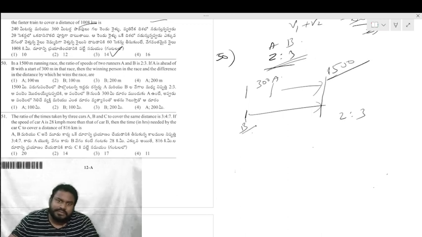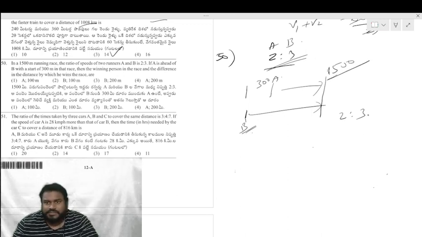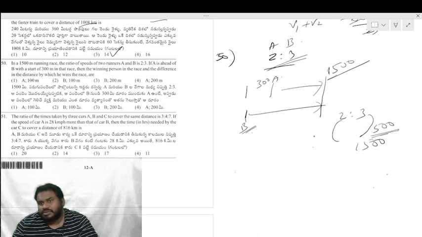So I'll take B. B has to cover 1500. When B covers 1500, I multiply this with 500, becoming 1500. As I'm multiplying with 500, I should multiply this also with 500. It is becoming 1000. So when B reaches 1500, A reaches only 1000.